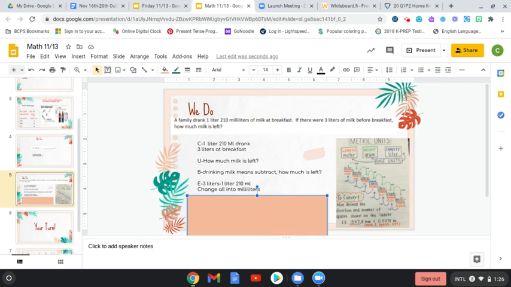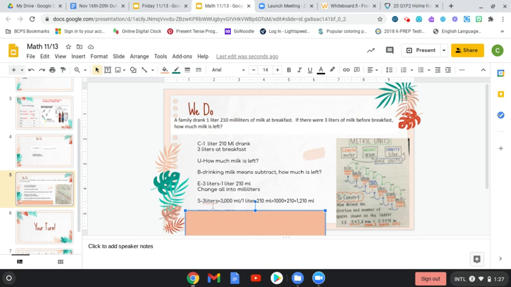But the problem is that this is in liters and this is in liters and milliliters. So before I can actually answer this question, I need to change all of this into milliliters because that will make it easier for me if it's all the same unit. So to do that, I take the 3 liters first, which is how much they had before breakfast, and I change that to milliliters.